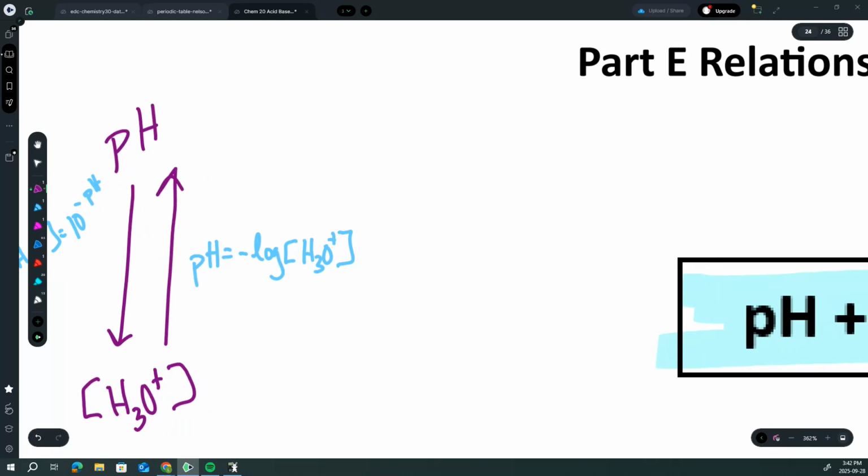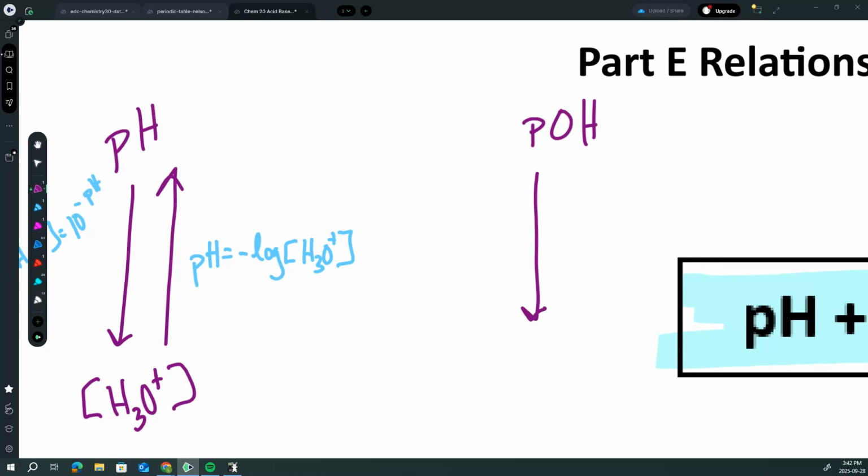On the other side here, we have pOH. pOH helps you find concentration of hydroxide. And how we can find that is by using this formula. Hydroxide ion concentration is equal to 10 to the power of negative pOH.